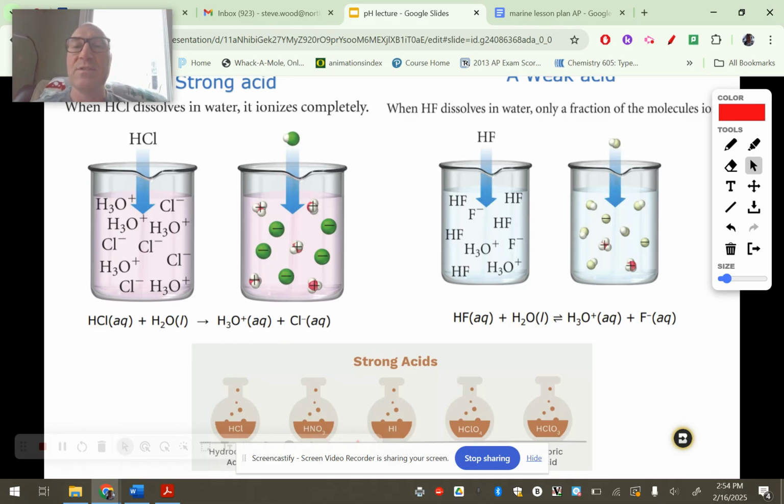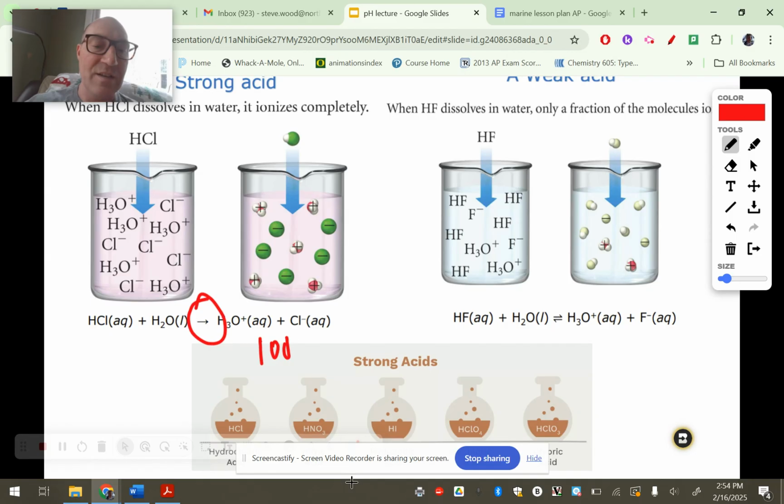All right, let's talk about this. If you're a strong acid, and this is key, you're going to get the full complete arrow. So this is going to be 100% products, and you get lots and lots of ions in here. And lots and lots of H plus ions or H3O plus gives you a really strong acid. Whereas if you're a weak acid, you are only making a mere portion of it.